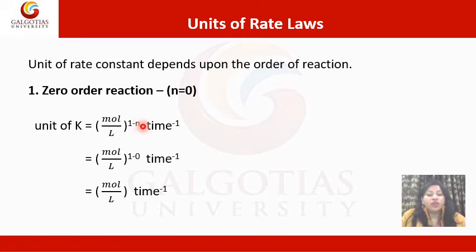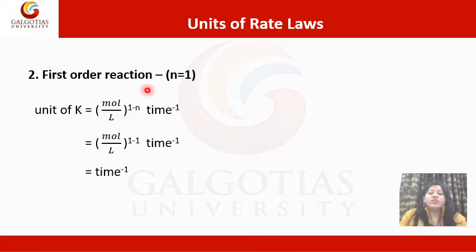We know very well k is equal to (mole per liter)^(1 minus n) time inverse. So we put the order of the reaction, 0, in place of n, and we get mole per liter time inverse. This is the unit of a zero order reaction.